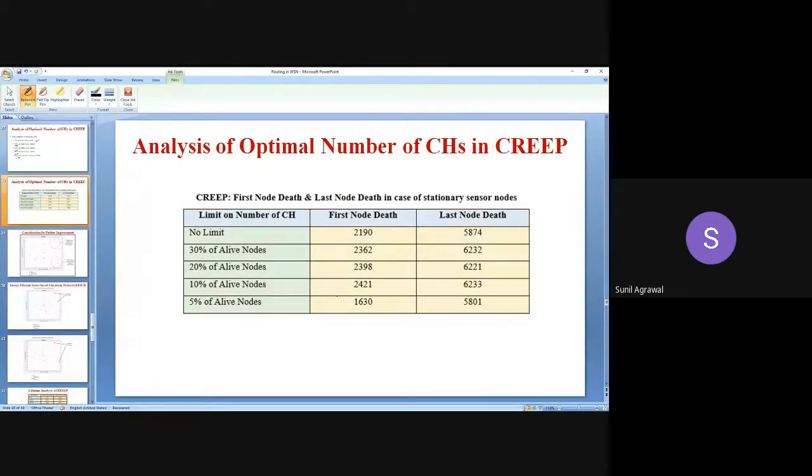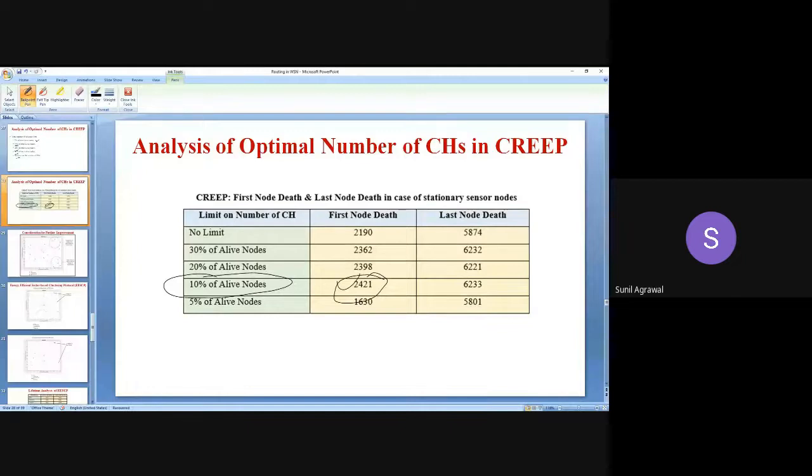And it is found that when the number of cluster heads is 10% of alive nodes, then we can have maximum lifetime. The lifetime, in number of rounds of communication, is maximum when the number of cluster heads is restricted to 10% of the alive nodes. So restriction on the number of cluster heads is going to make the LEACH protocol more efficient.